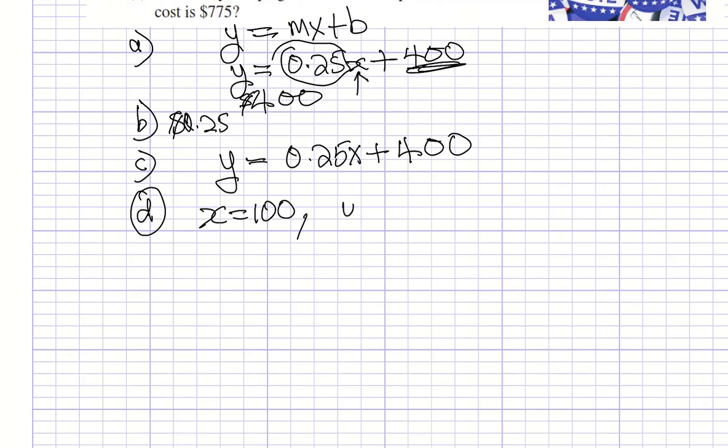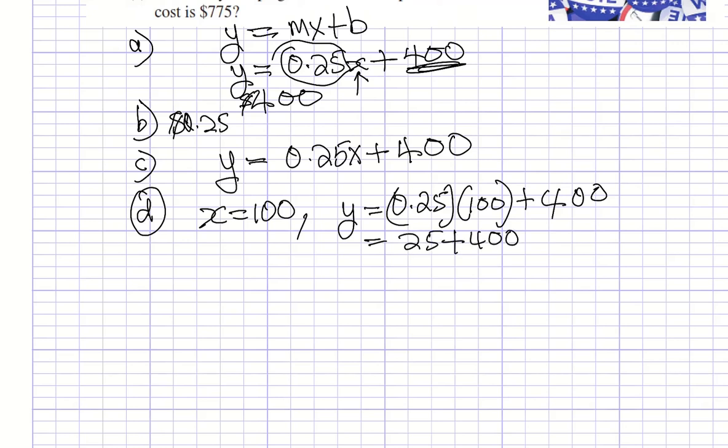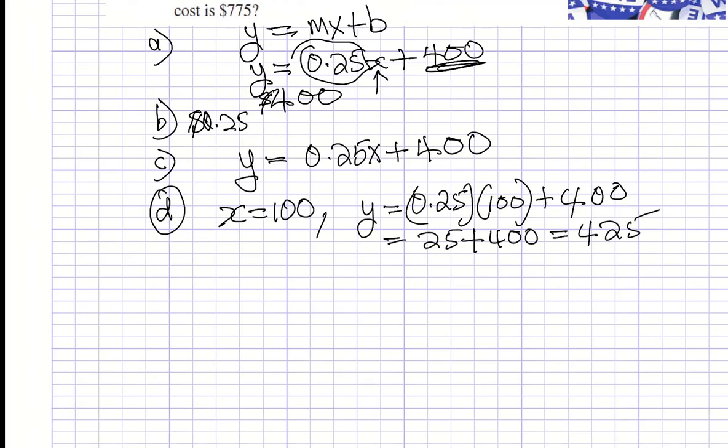If x is 100, then y equals 0.25 times 100, plus 400. What is 0.25 times 100? It's 25. So 25 plus 400 gives you 425. That's the cost in dollars of producing that. You see that, right?